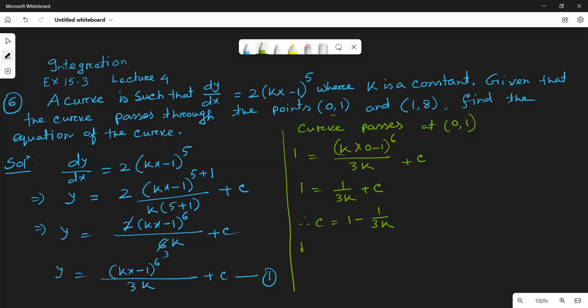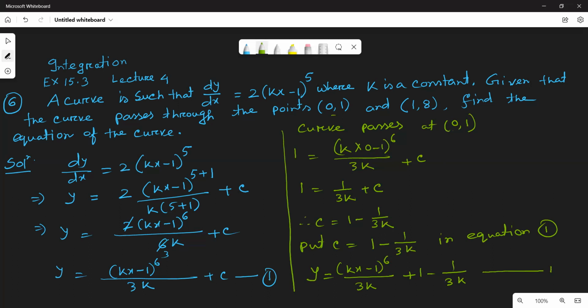Now put c equals to 1 minus 1 by 3k in equation 1. So what will you get? We will get here y equals to (kx minus 1) to the power 6, below side 3k, plus 1 minus 1 by 3k.